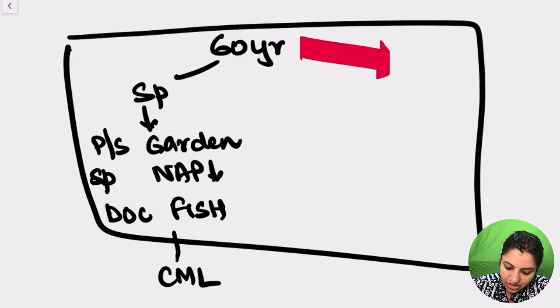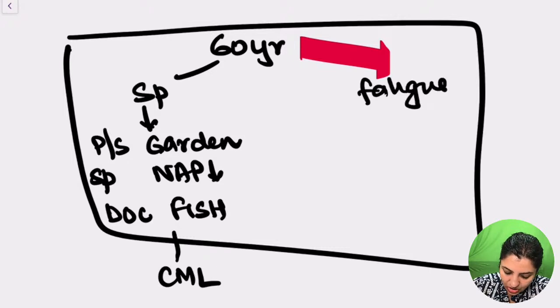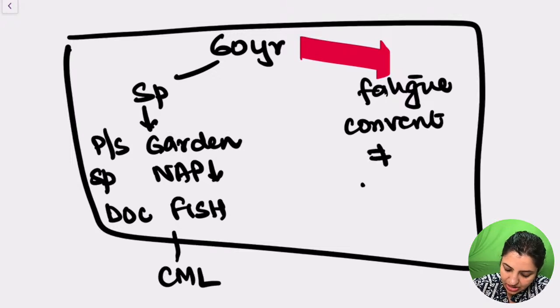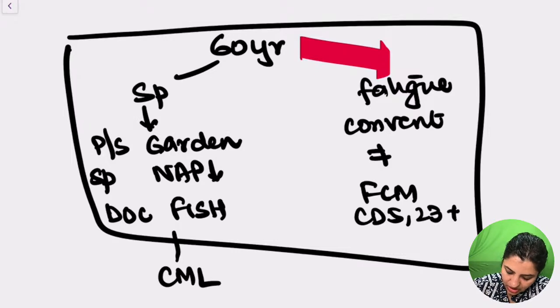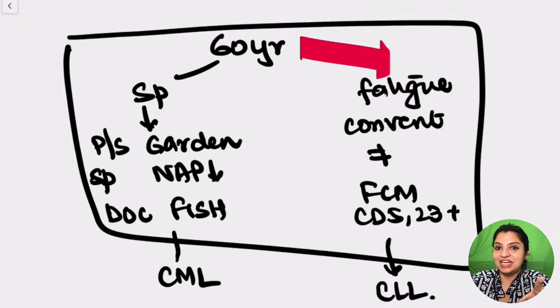Again, a 60-year-old male presenting only with fatigue, on peripheral smear convent girl appearance, no special stain, diagnosis of choice flow cytometry, CD5 and CD23 positive. The diagnosis of this case is CLL. I hope you have understood this and you will be able to identify the garden party appearance and convent girl appearance and answer this question very well.